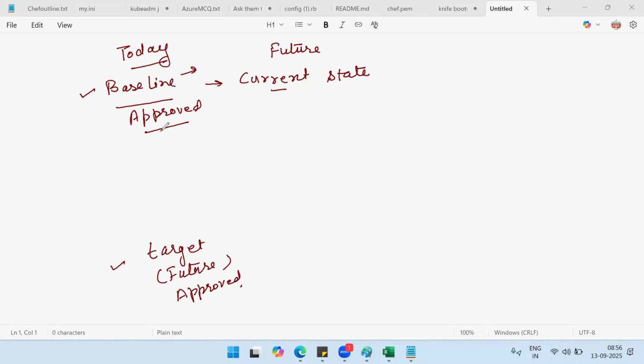Now, to reach this target architecture from the baseline architecture, we need the transition architecture, which is an architecture in the direction to achieve the target architecture.